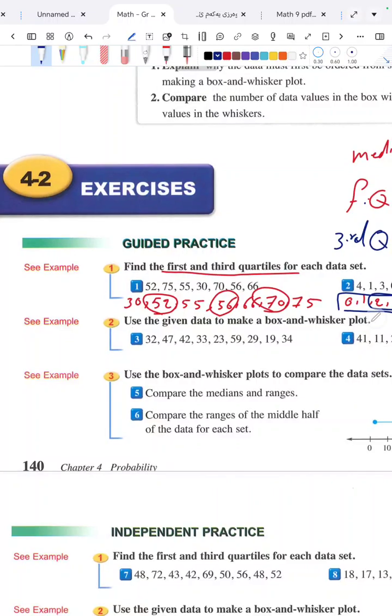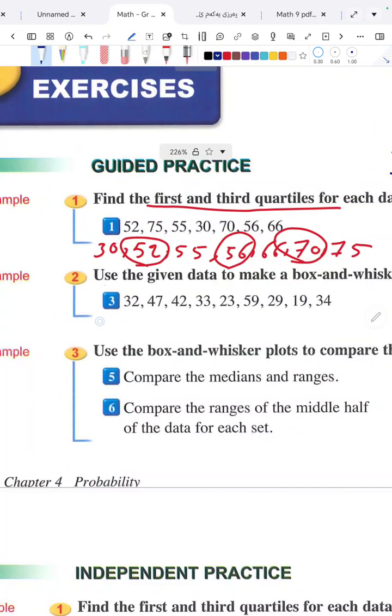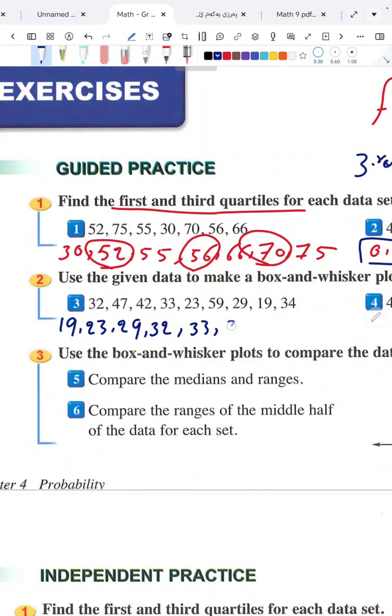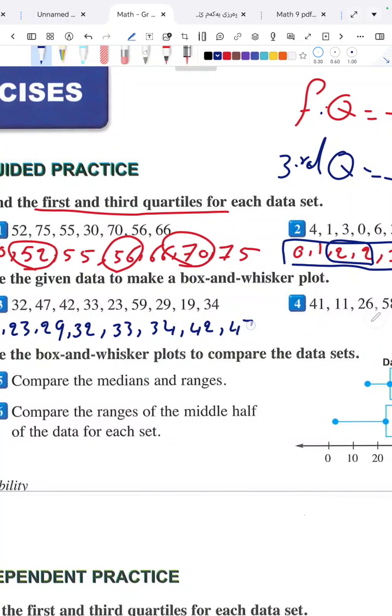They ask how to draw box and whisker plots. Order them: 19, and then 23, then you have 29, then 32, then 33, 34, 42, 47, and you have 59.